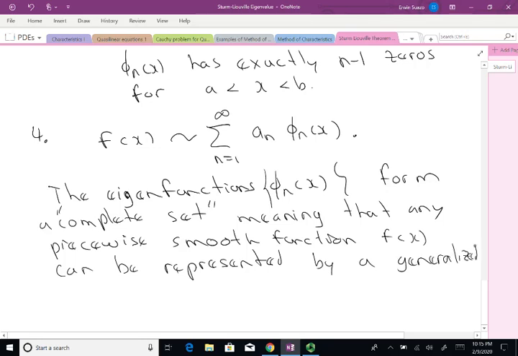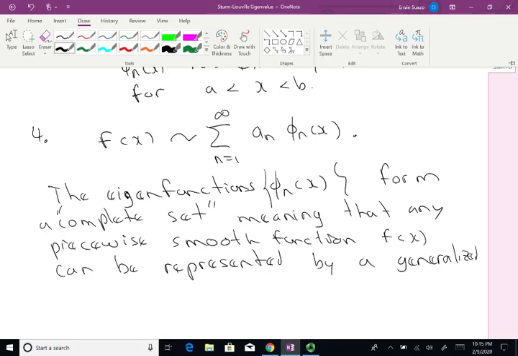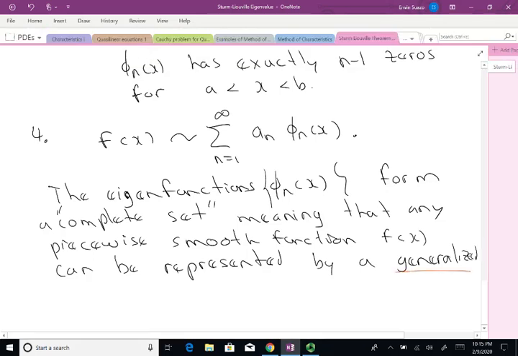I like this term. We know Fourier series, we are experts now in Fourier series, but we basically just know sine, cosine, and full Fourier series.